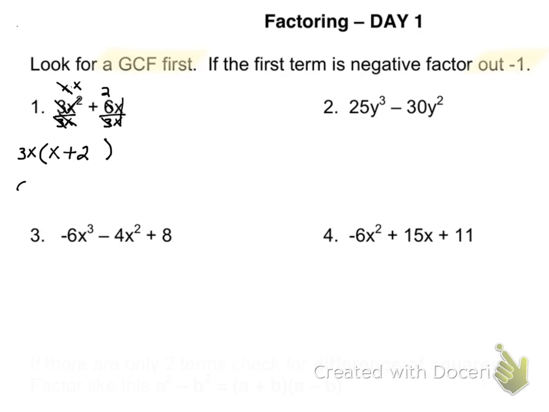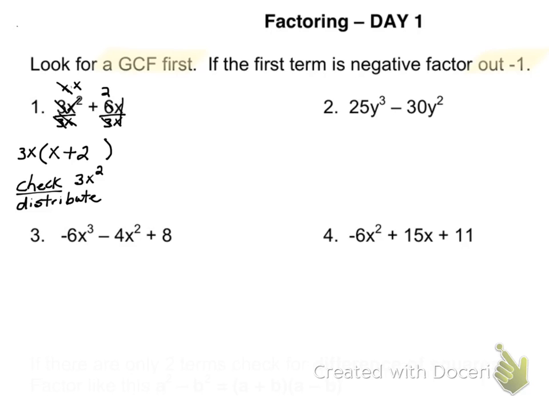Now if you wanted to check to make sure you did it correctly, you would just distribute. So 3x times x is 3x squared. So I'm going to write here, you would distribute. And again, that's a check.